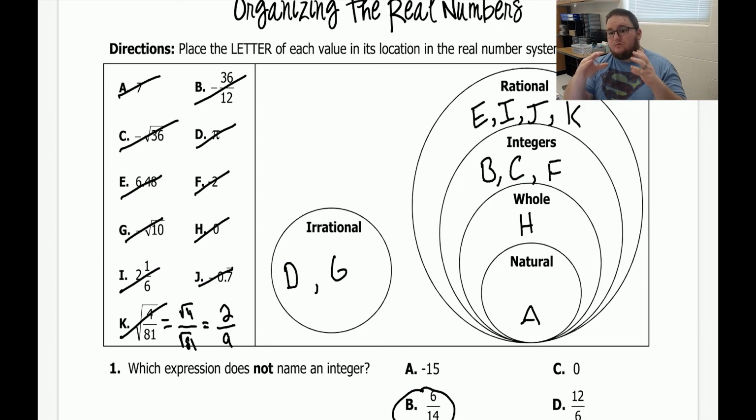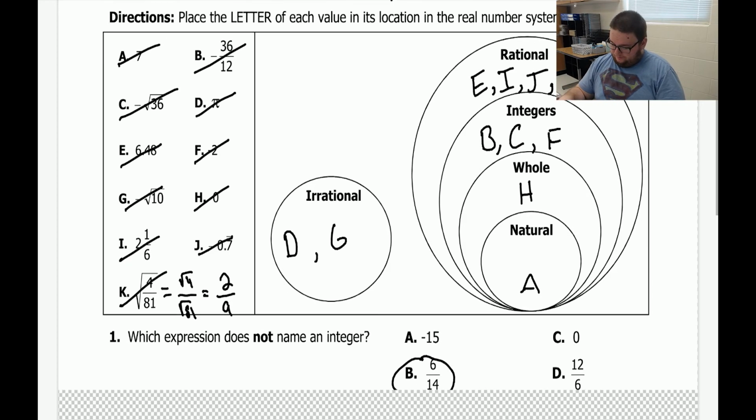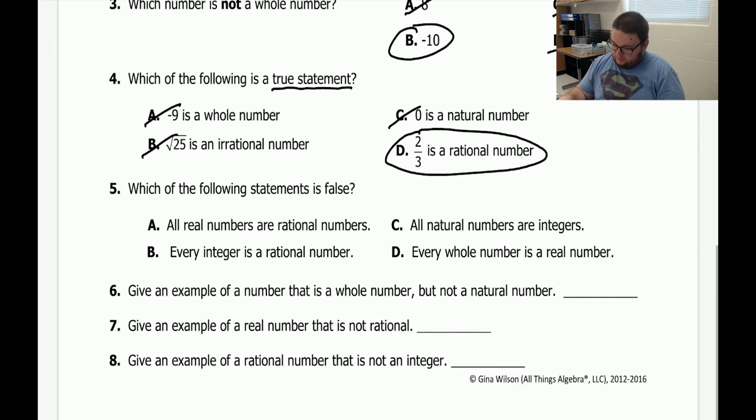And if we add ratios and stuff to the integers, we get the rational numbers. So these sets of numbers just keep growing with one another. So that means that the natural numbers are also rational. And the whole numbers are also integers. So in order to answer these questions, that's the kind of thinking that we have to have.